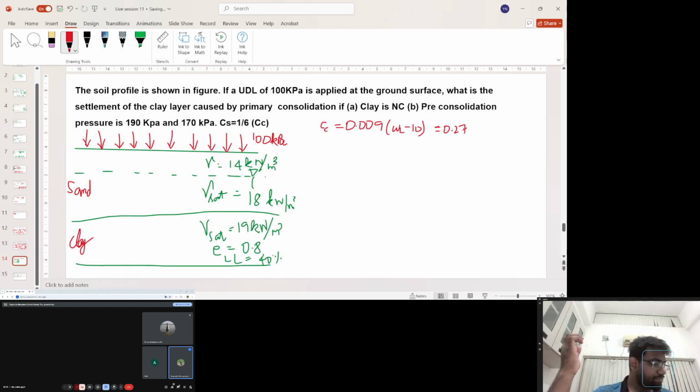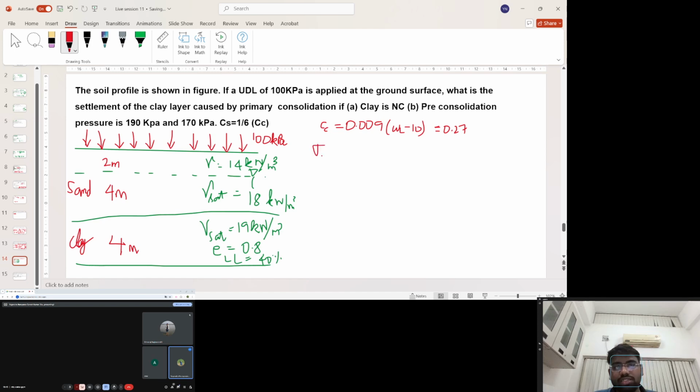So what is the thickness of the layers, sir? Okay, just a minute. This is 2 meters, 4 meters, and 4 meters. Okay. All right. So next, we know the E value here.